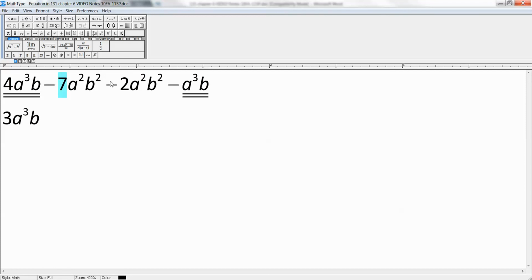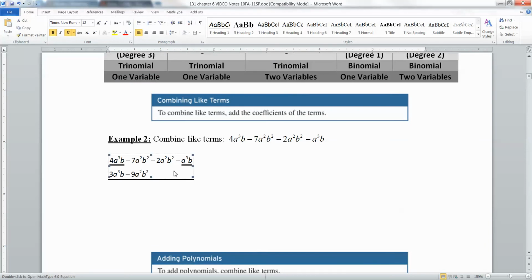Now these two in the middle are both a squared and b squared. If you have negative 7, take away 2 more, that's minus 9a squared b squared. You combine like terms, add or subtract their coefficients, and you're done.